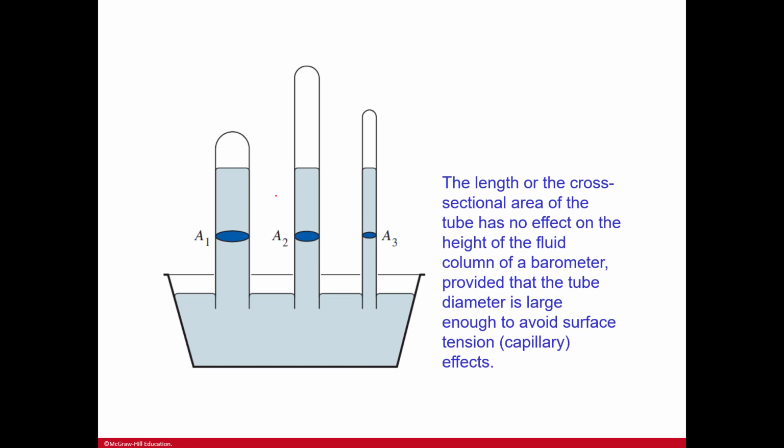So remember, if you have a really skinny barometer, you may have a severe capillary effect, right? But as long as you get to a cross-sectional area like this where you're not experiencing that, anything above it will be fine. It will not have an effect.